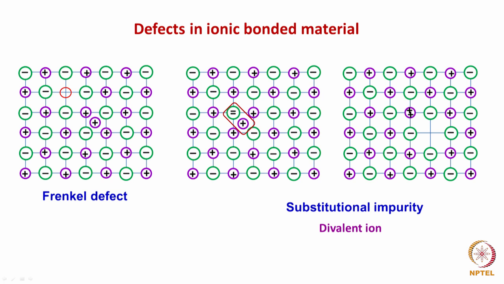To compensate for the negative charge, I can introduce one more negative charge, like in this case where it is an interstitial position. Or, because one positive charge is in excess, I remove one ion from a lattice site, and then also the charge will be compensated. So the charge neutrality could be maintained. These two possibilities exist for maintaining charge neutrality in that system.